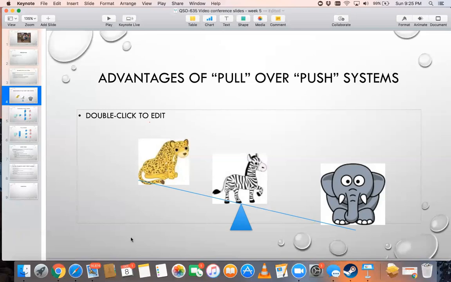This is important because in a push system, the manufacturer controls the rate of product going through the system. So when the vendor detects that zebra turning into a cheetah, it says, hey, I need more product. But the delay in communicating the demand to the manufacturer means that you're going to have a lag in the replenishment for that sudden cheetah. Does that make sense?